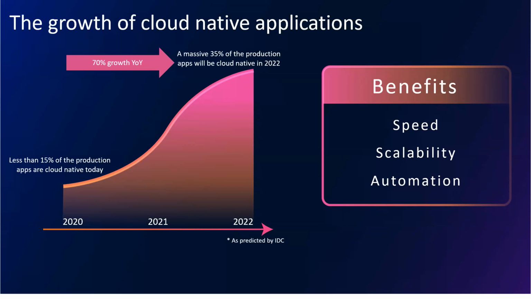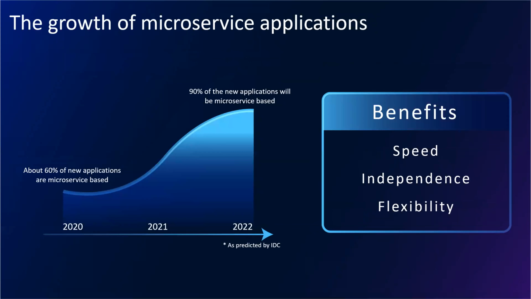So that's the kind of growth we will see in cloud native applications. And the benefits, of course, I'm sure all of us know about: speed, scalability, and the ability to automate. All these are benefits of a true cloud native application. So that's just to keep in mind as we go ahead.